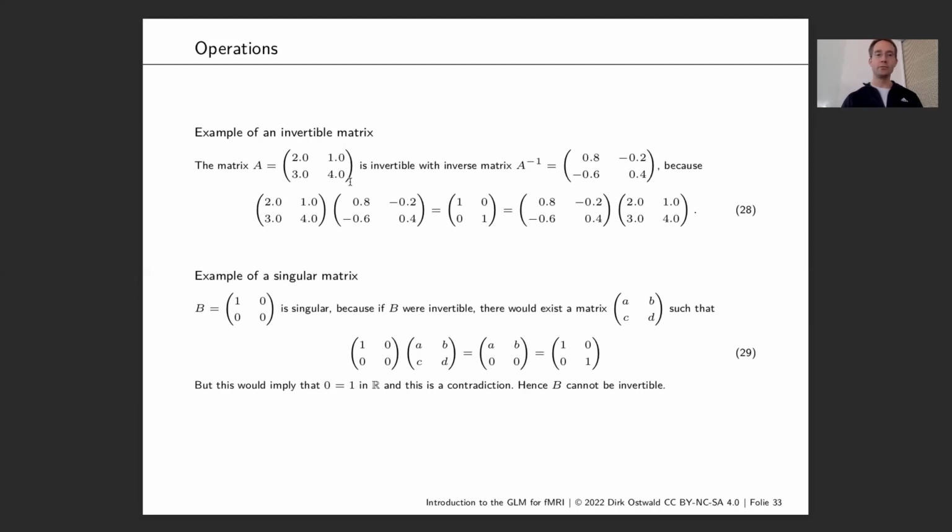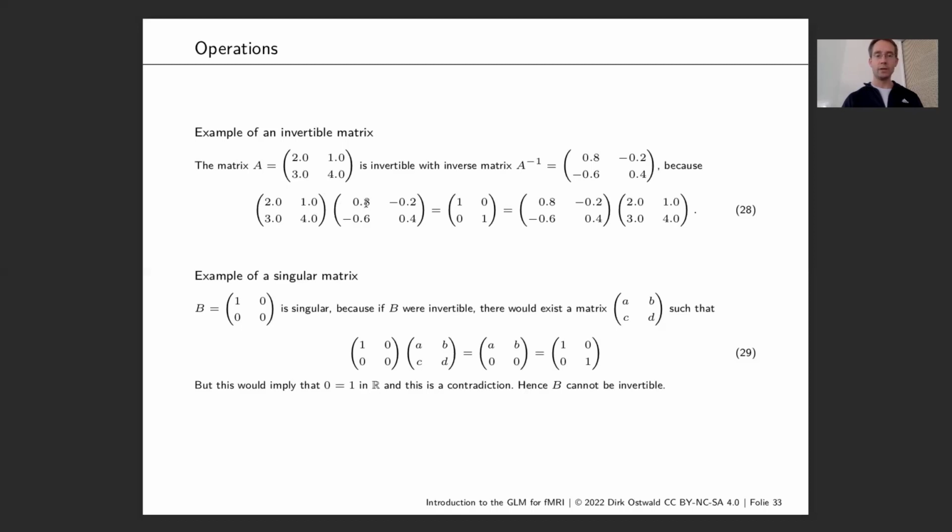Why? Because if we multiply these, we get 2 times 0.8, that's 1.6, minus 0.6, that's 1. If we do 2 times minus 0.2, we get minus 0.4. If we get 1 times 0.4, we get 0.4. And if we add that, we get 0.